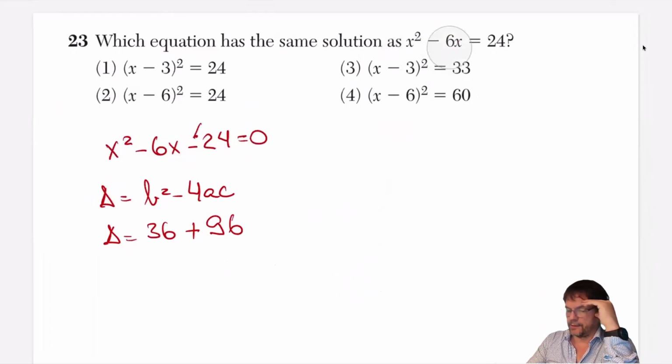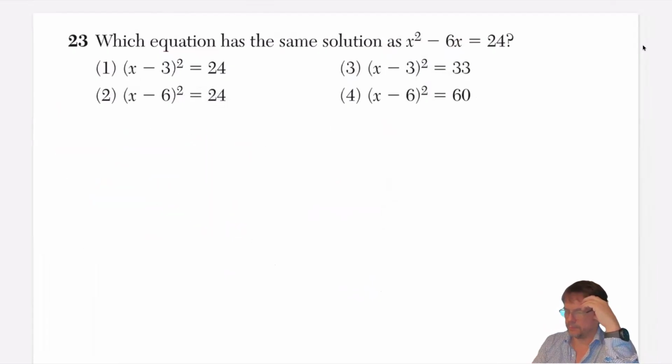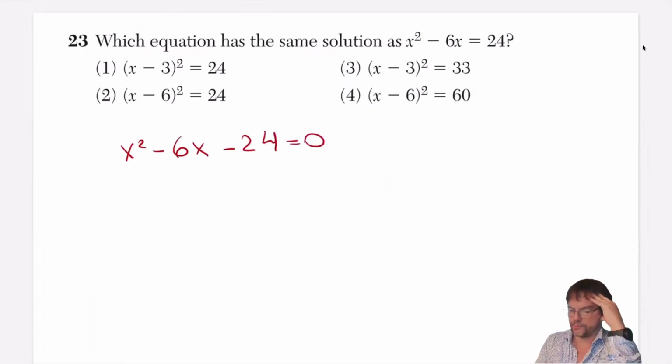So the other technique is, let me see. When I expand, there's another technique. That is x squared minus 6x minus 24 is equal to 0. But I can have this in this way.